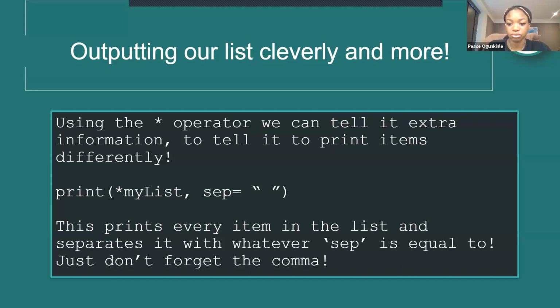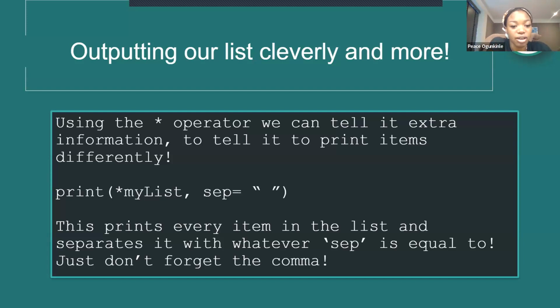If you have list name red, orange, yellow, when you print it out, it will print red, orange, yellow, but you can specify what you want to go in between.